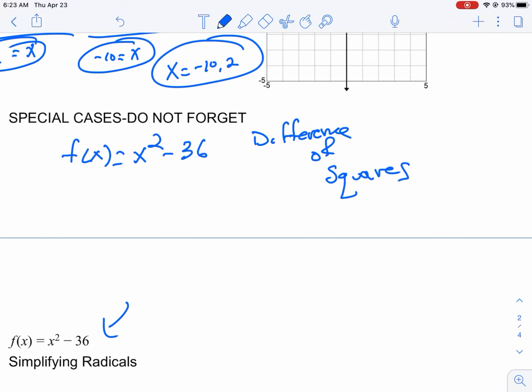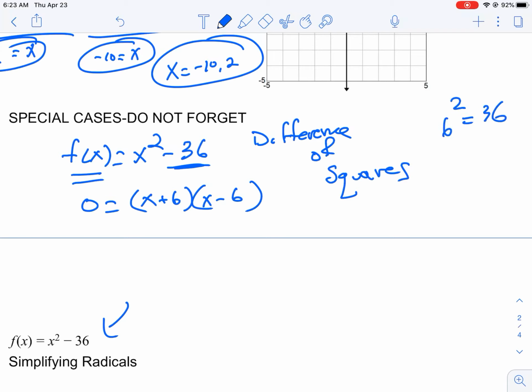Now, with that said, let me get rid of some of this stuff here. All we have to do is take the f of x and make that 0, and then we're going to factor x, and remember, because the last term is negative, these have different signs, but it has no middle term, so the only two numbers that when added together cancel themselves out, but when multiplied get you 36, are positive 6 and negative 6, because 6 squared equals 36, because 36 is a perfect square.